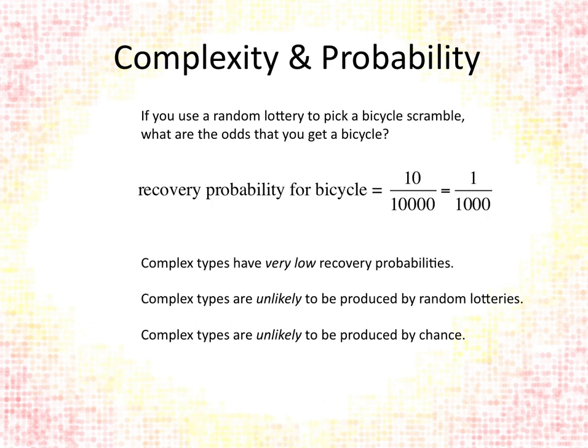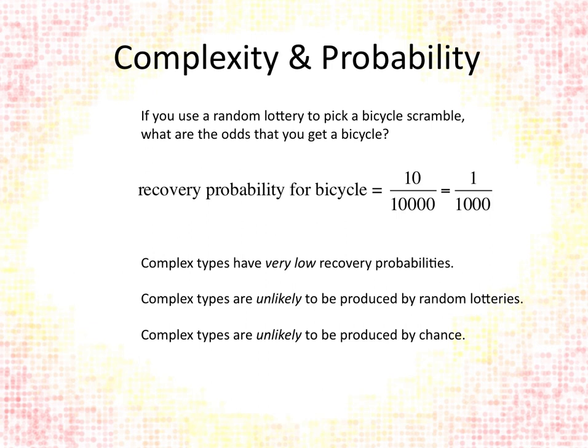What about the bicycle? If you use a random lottery to pick a bicycle scramble, what are the odds you get a bicycle? The recovery probability for bicycle is 10 divided by 10,000 in our example, which is 1 out of 1,000, which is pretty small. This shows that complex types have very low recovery probabilities. If you just pick a reassembly or an arbitrary way of assembling the bicycle parts, it's not likely that you're going to get a bicycle.